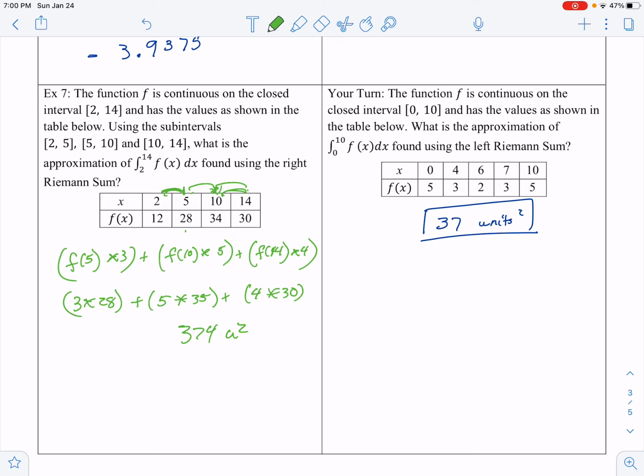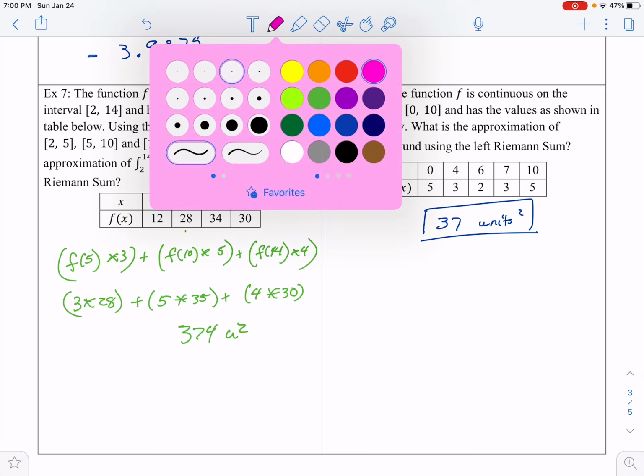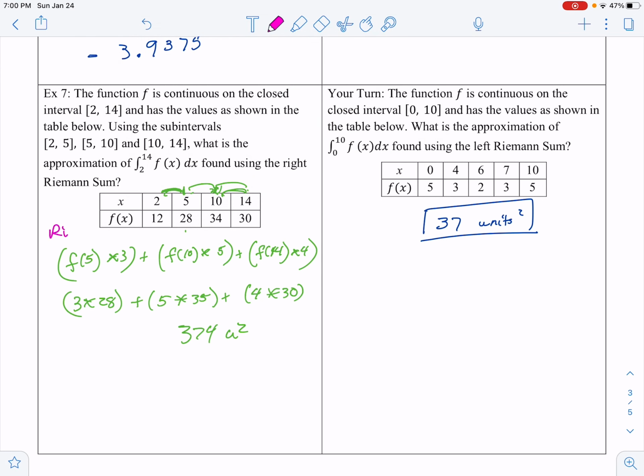Okay, so if we wanted to do left instead, you would have done 12 times 3 plus 28 times 5 plus 34 times 4, because this is the width, and that's the height.